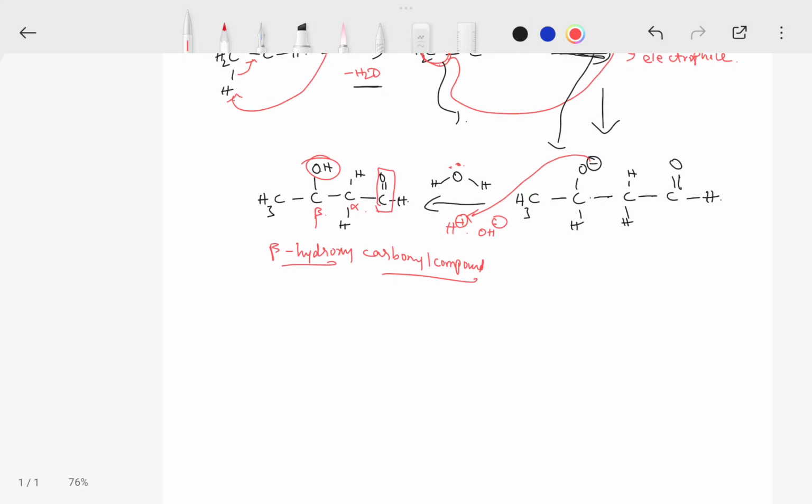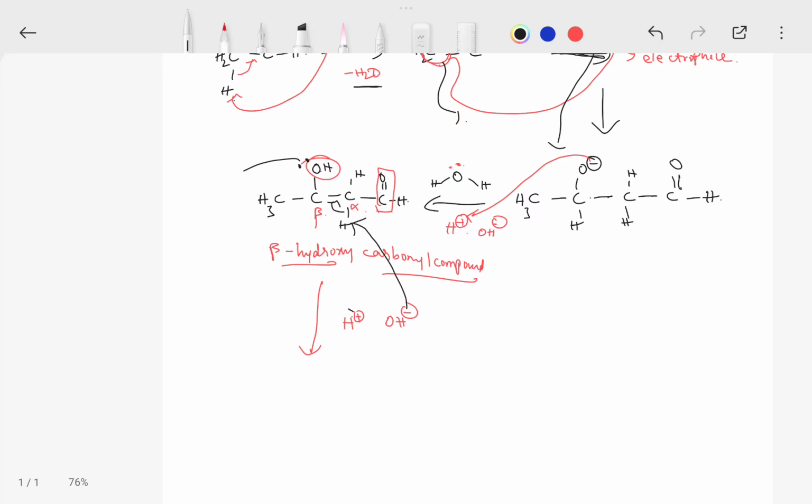Next, followed by that, the elimination may also happen. Here see, H2O is present, right? From H2O we can write H plus and OH minus. Then what will happen here? OH minus can abstract the proton from here. Then this bond will move here. And here you can see this OH has a lone pair of electrons, right?